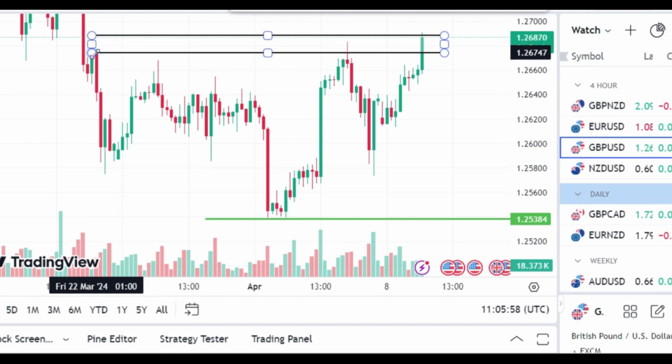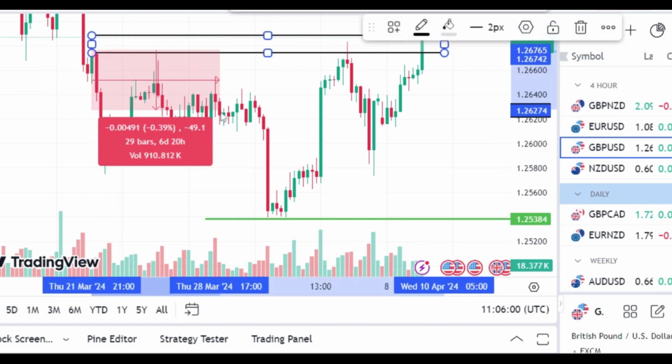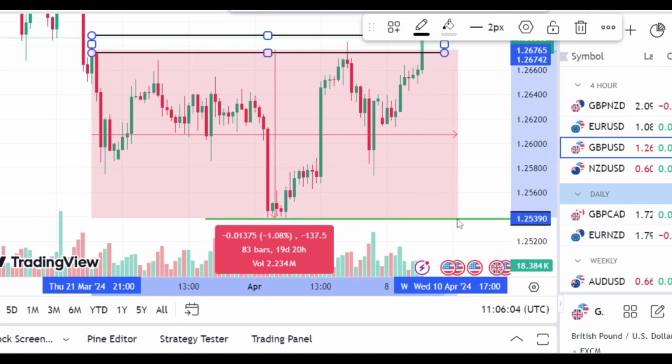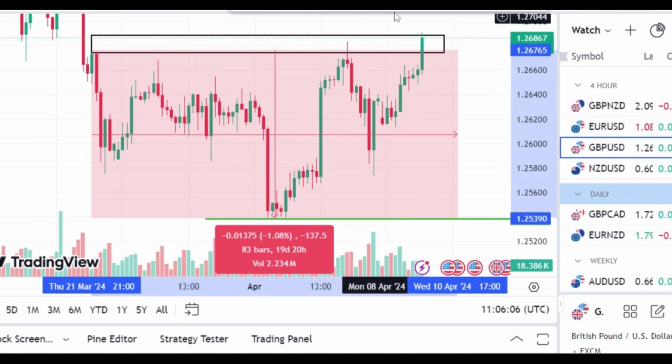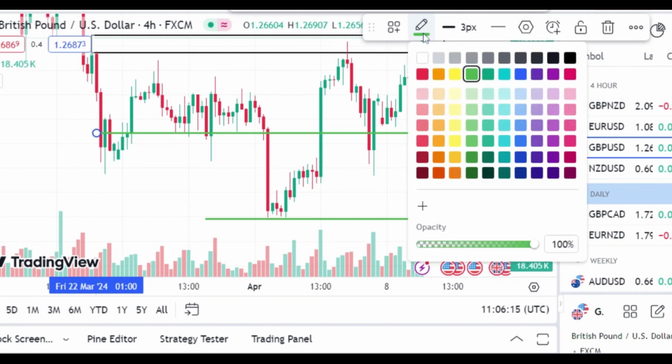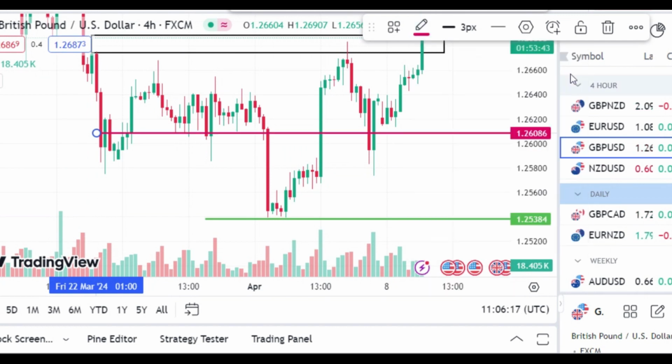This is where my half should be, because this is the area where the market went to before it dropped. Now this should be my half. My half should always be red. I always prefer this red color for my half.